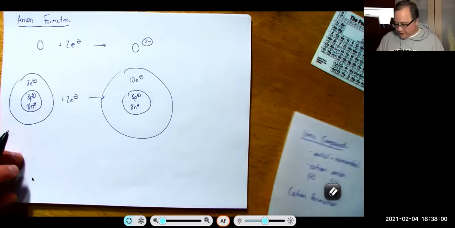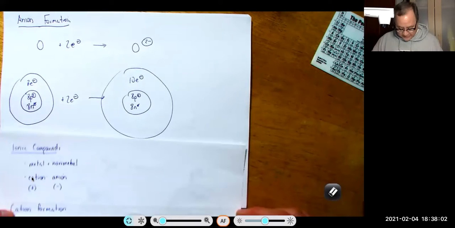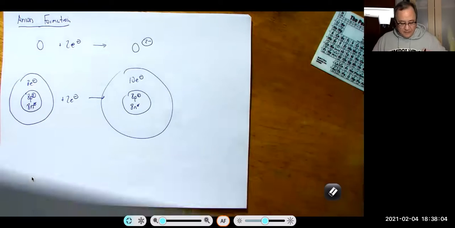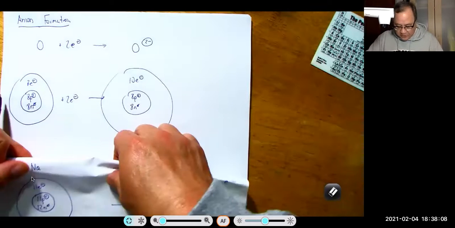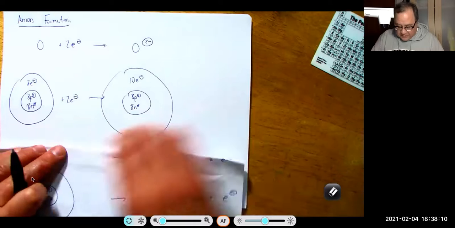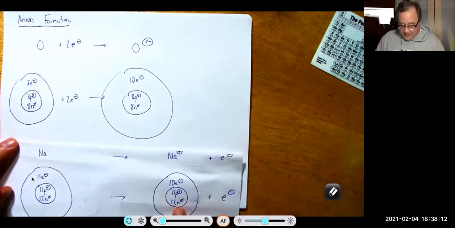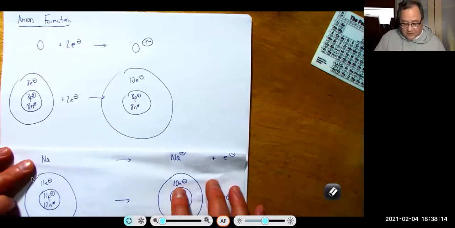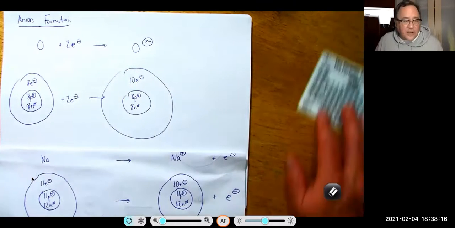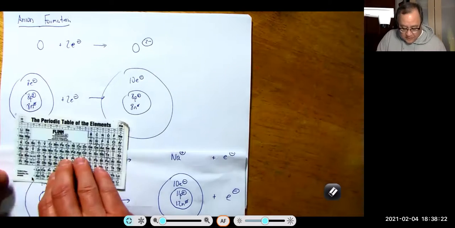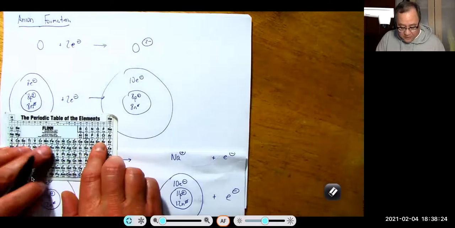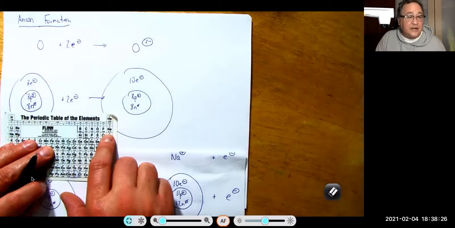Now, if we take a look at these 2 examples here of oxygen and sodium, notice that when they become stable ions, they both end up with 10 electrons. What neutral atom has 10 electrons? So we look at our periodic table and we look for the atom that has 10 protons, and that's neon.